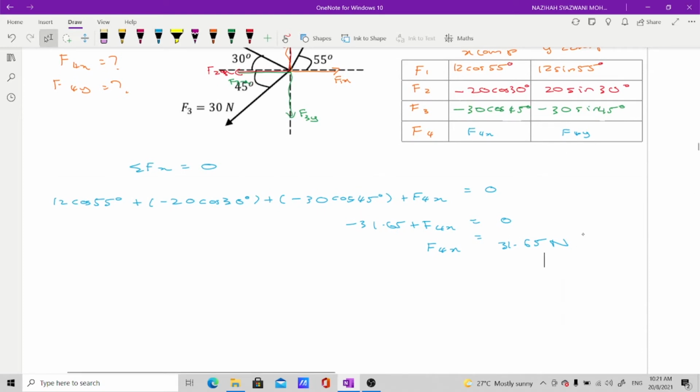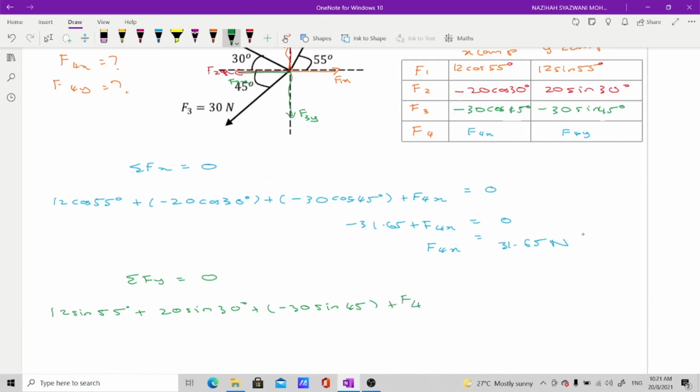Let's look at the y component. Summation Fy equals 0. Again, we have 4 forces acting on the y component. That is 12 sine 55 plus 20 sine 30 degrees plus negative 30 sine 45 plus F4y equals 0.